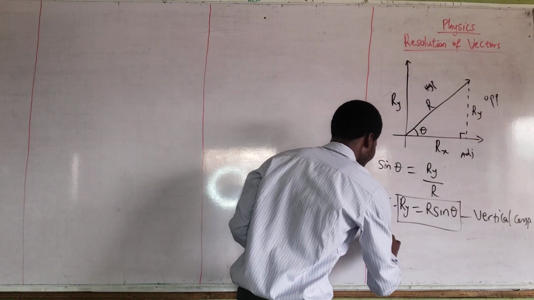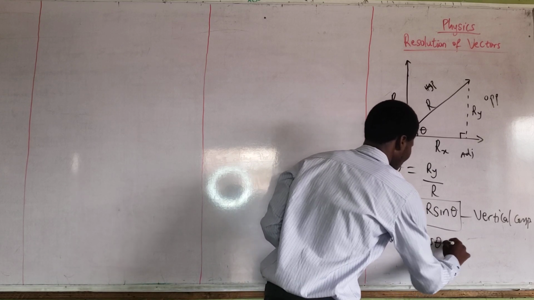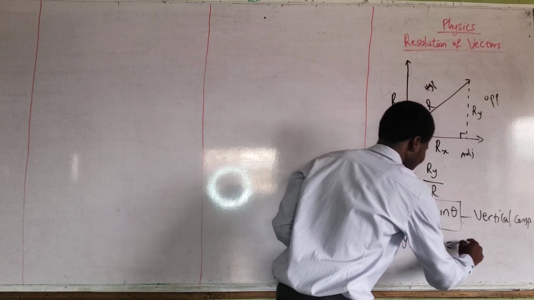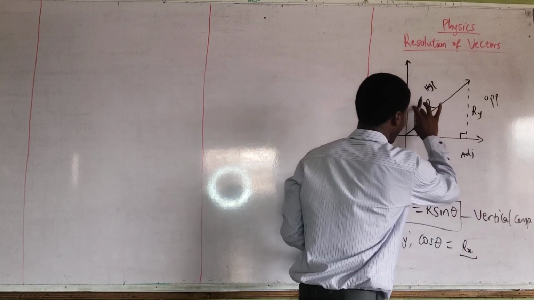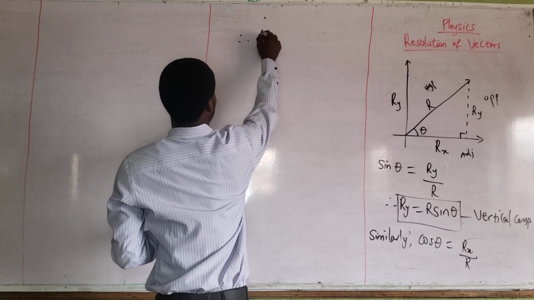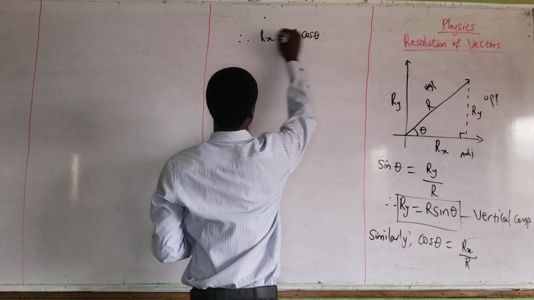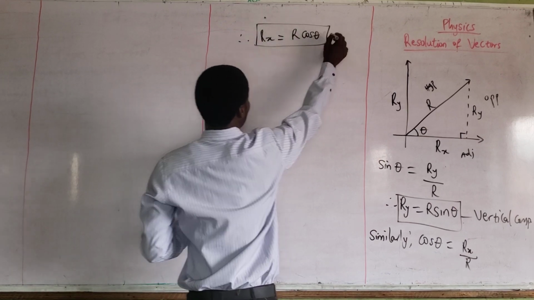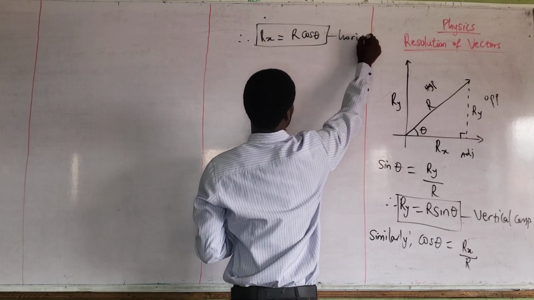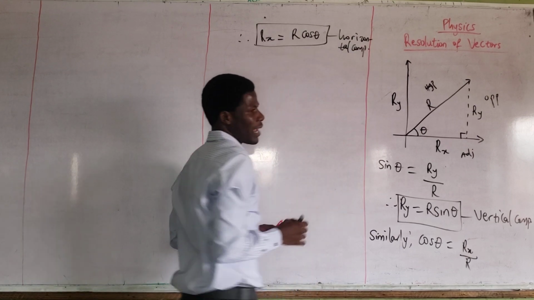Similarly, cos theta will give me adjacent, that's Rx, over hypotenuse, which is R. So from that, my Rx equals R cos theta. So this is the horizontal component. To get the horizontal component, you apply this formula.